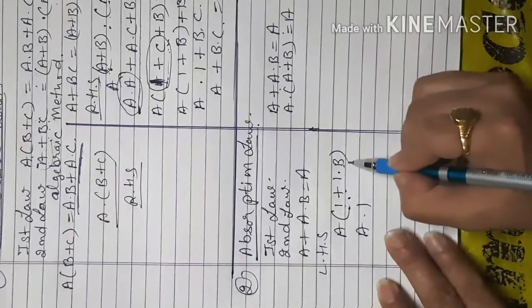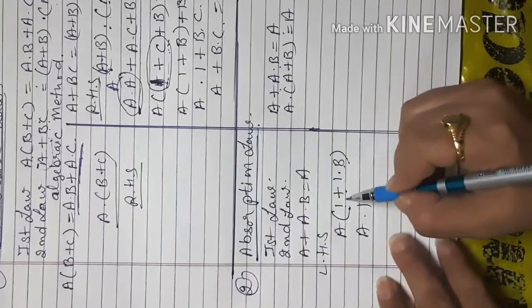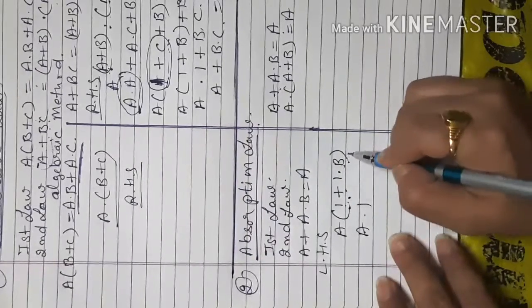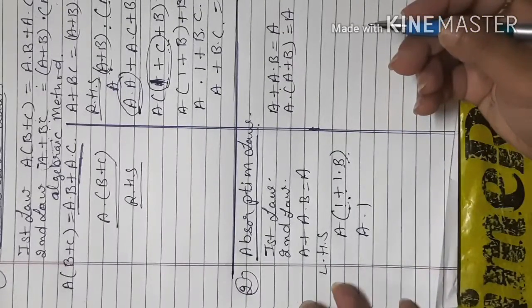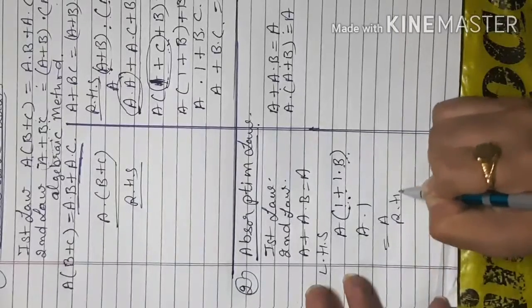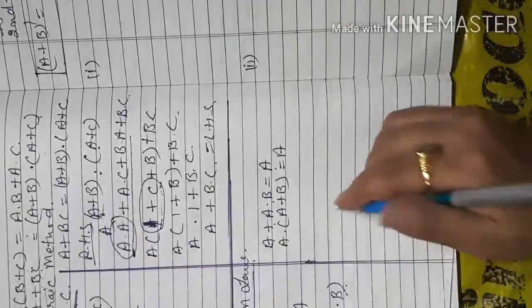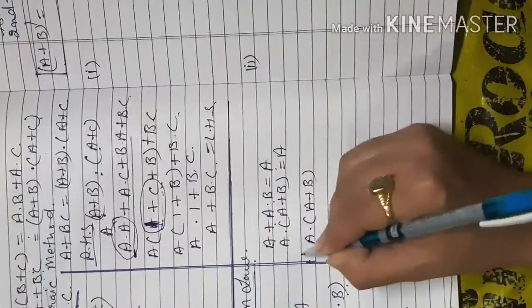That's why 1 or B gives me 1. A dot 1 is equal to A, so that is exactly my right hand side. A and 1, the answer will be A. So that is my right hand side.